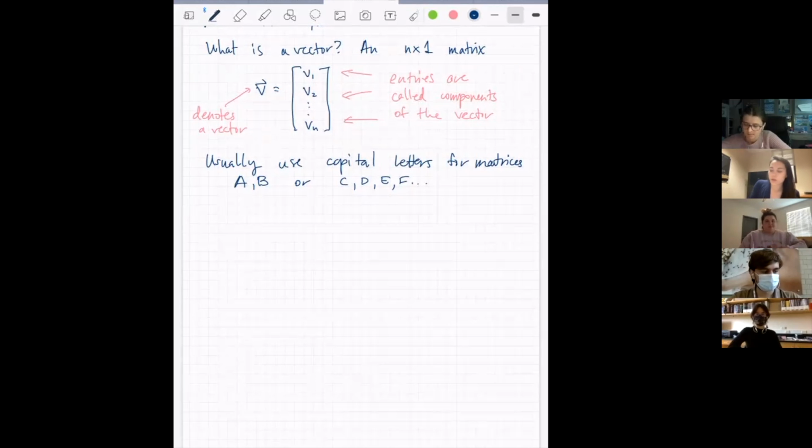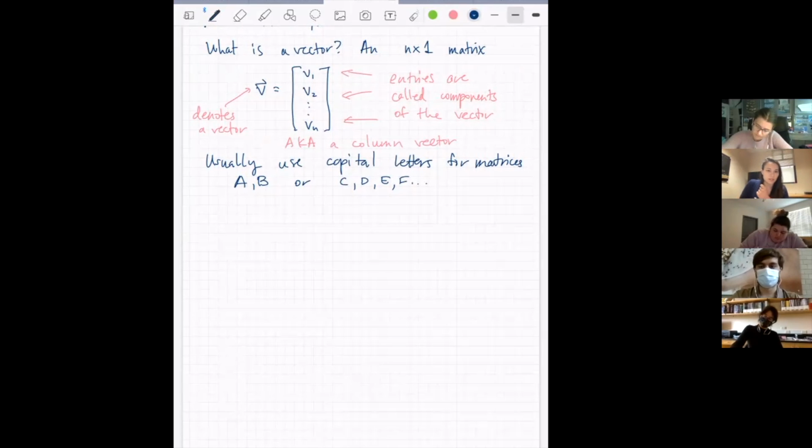Okay. So this is a vector. We also sometimes call this a column vector. So this is also known as a column vector, which just comes from the way that it looks. Okay.